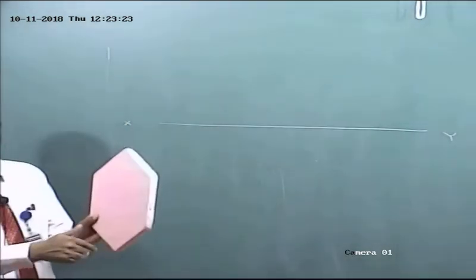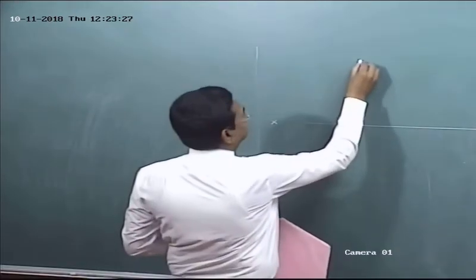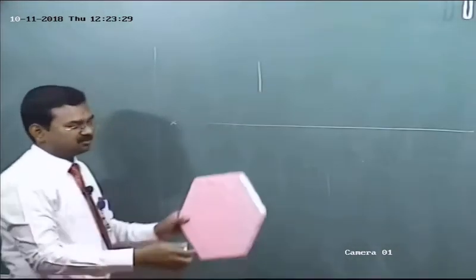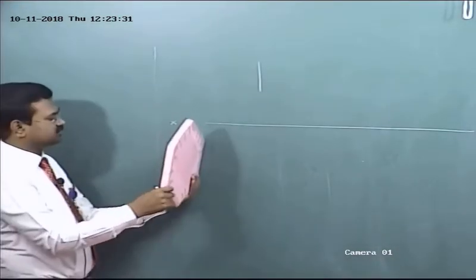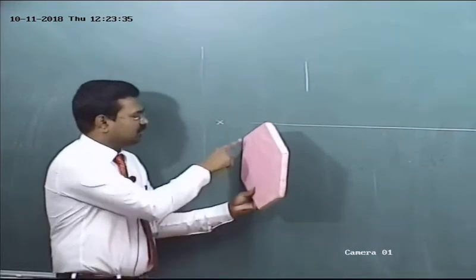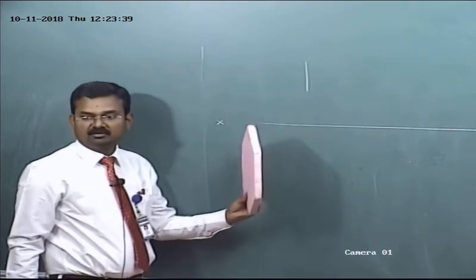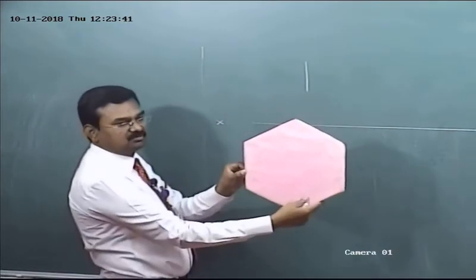Here, the hexagon: at first you have to construct the hexagon in vertical direction. What is the reason? One side is resting on VP. What's our assumption?